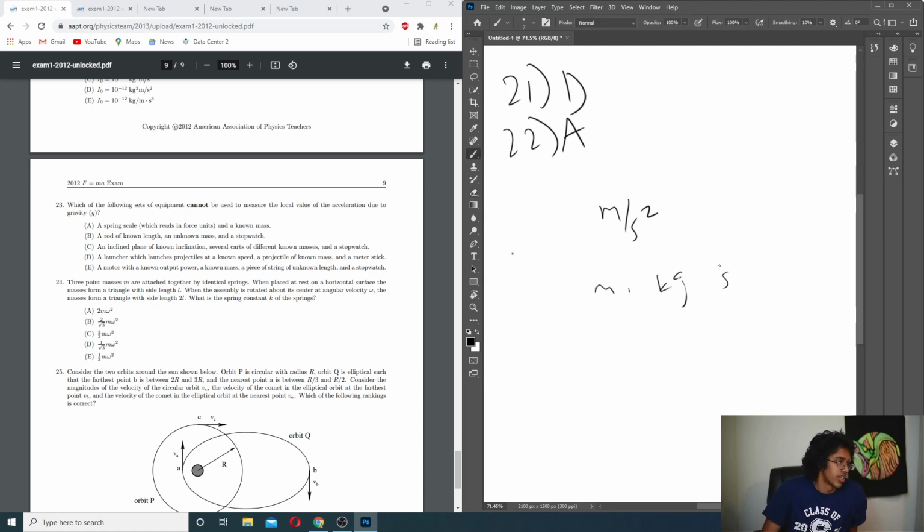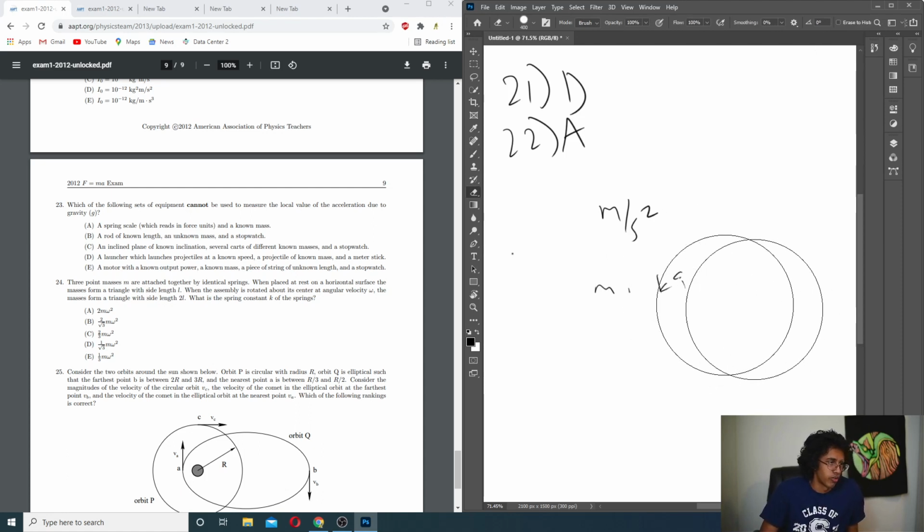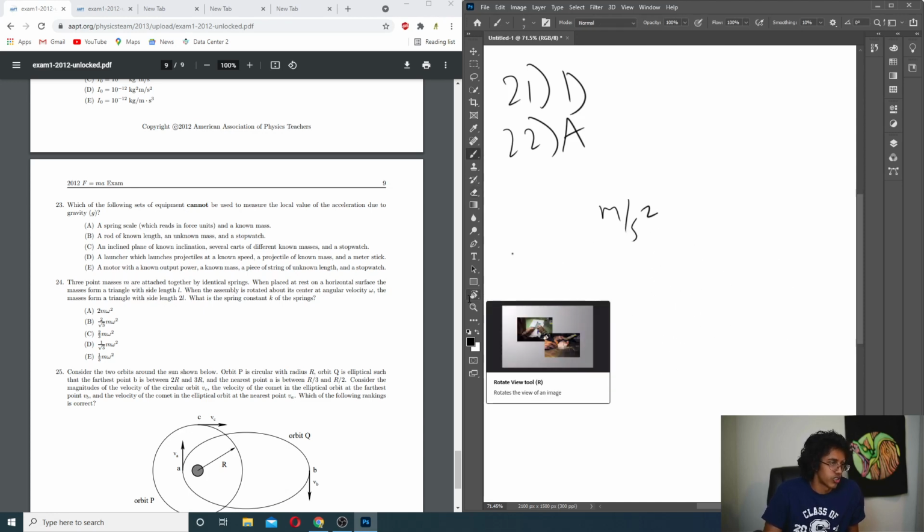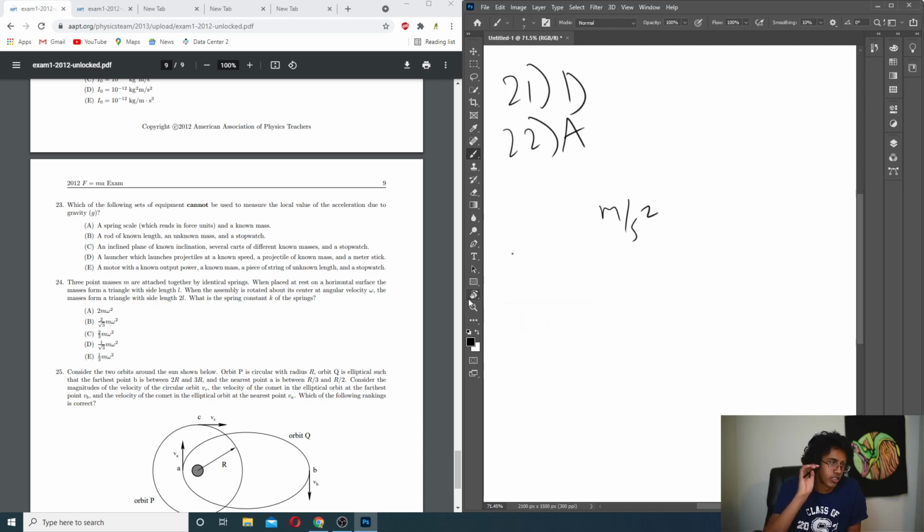All right. Then the next one is an inclined plane. The problem with this one is that you don't have any lengths, I'm pretty sure, so that's not going to work. Launcher at different speeds, so you have meters per second, and you have mass, and you have meters, so that should be fine. Yeah, because you usually just shoot the projectile and then measure how far it goes, right?